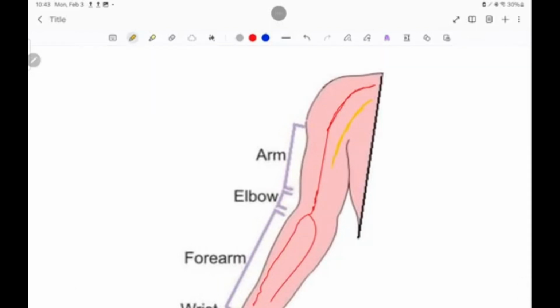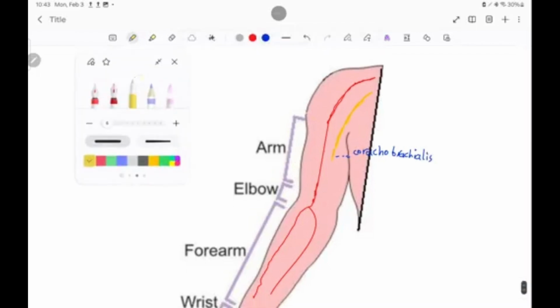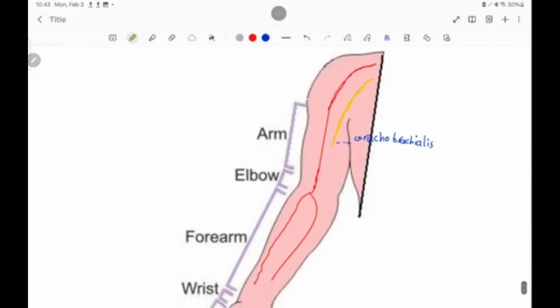But at the level of coracobrachialis, let's suppose that this is the level of coracobrachialis, the nerve will pierce the medial intermuscular septum.